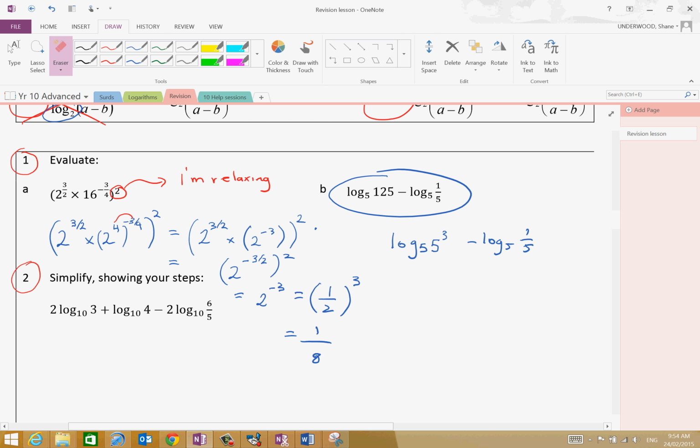Now 1/5 is the same as 5 to the power of negative 1. The good old law 3 states that I can get this out the front. So that simplifies to 3 log to the base 5 of 5 minus log to the base 5 of 5. Well, this negative 1 needs to come out the front.